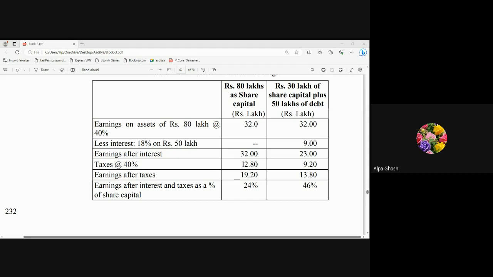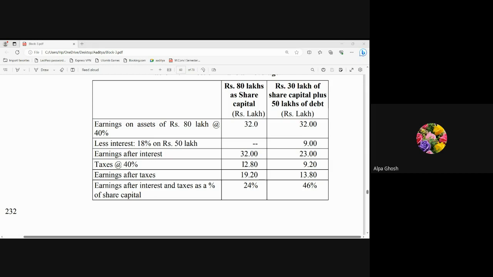So in which case are the shareholders getting more return on their investment? Can I have the answer, please? Second case. Everyone agrees with this? It is the second case. And how is it possible? It is possible because it is a combination of debt and equity.